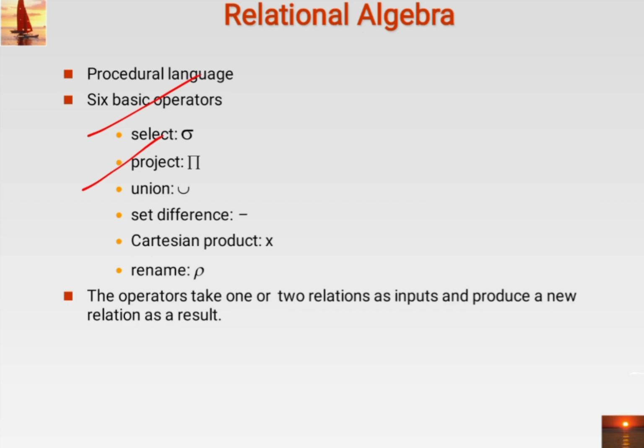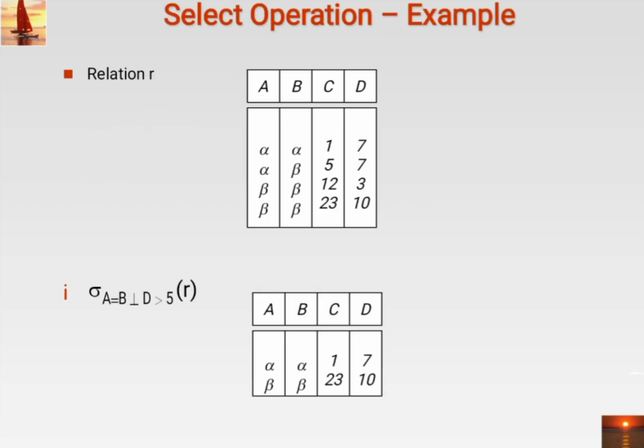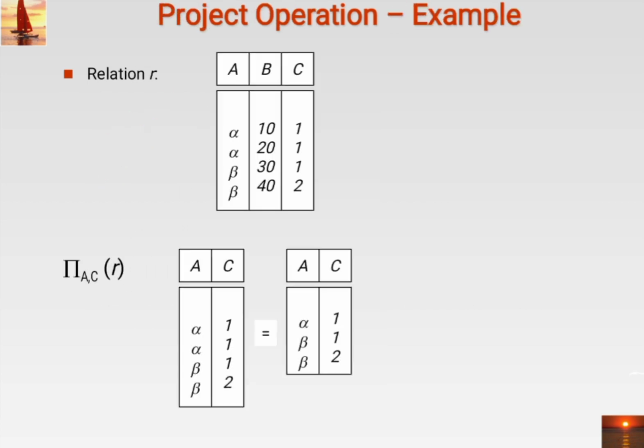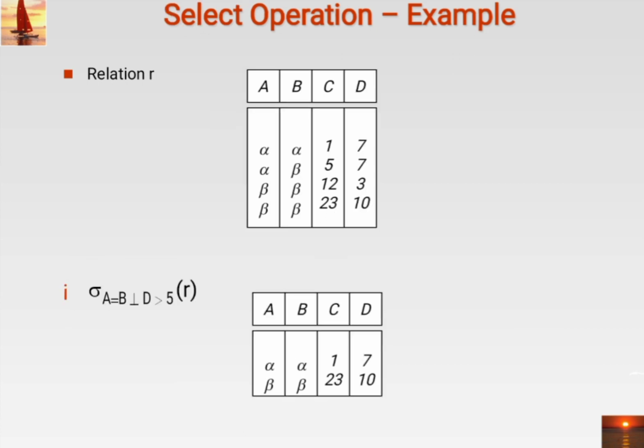Okay, so now let us start with the next operation, that is union. Select we have already seen, then project we have already seen. Here let me clarify. If I am directly selecting, select A equals B and D greater than 5.